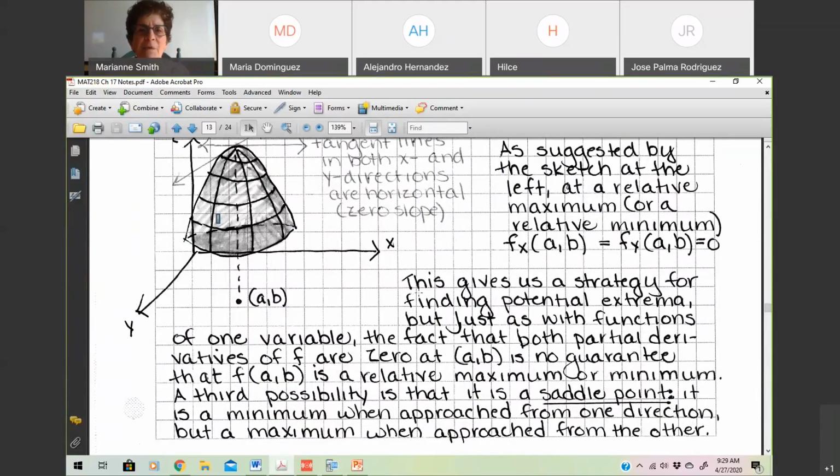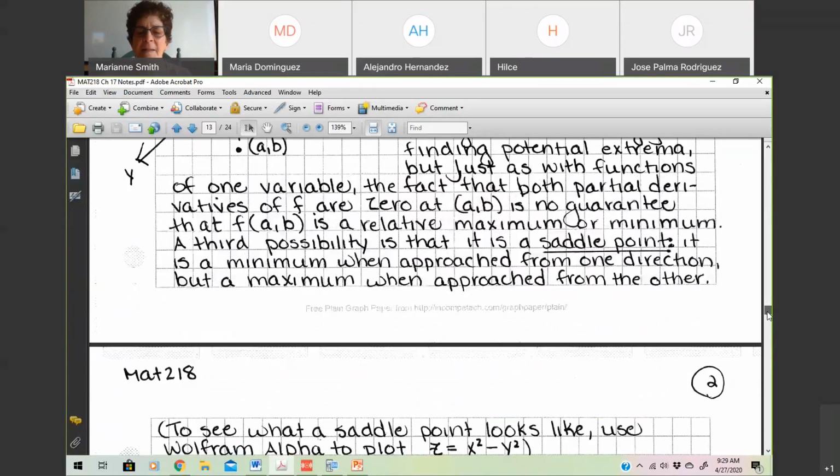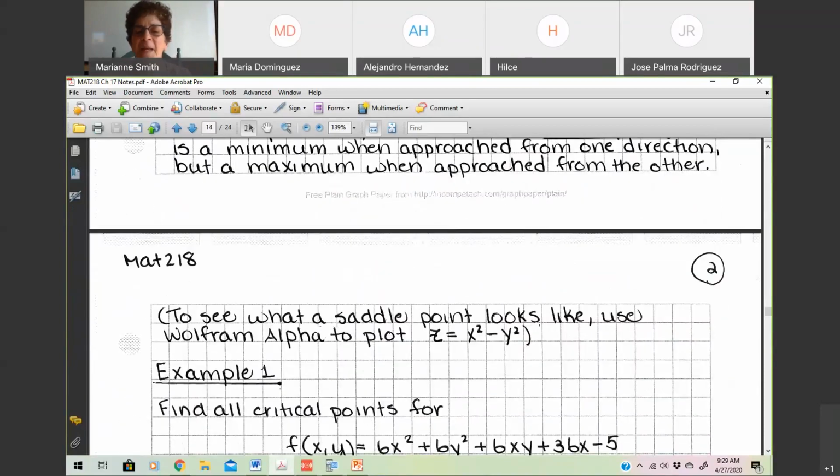We might wind up with a saddle point, so it's a maximum from one direction and a minimum from the other. So we'll have to check that. I said plot this in Wolfram Alpha, but I just showed you a picture of it. It's called a hyperbolic paraboloid. You can think of it as a saddle.